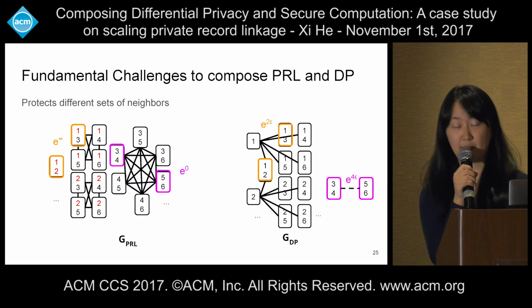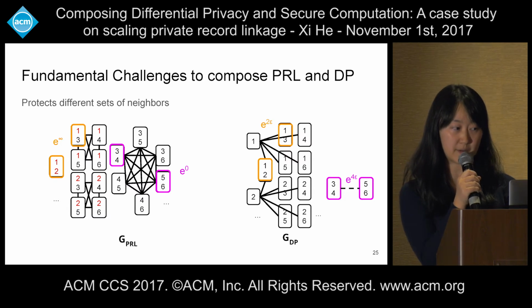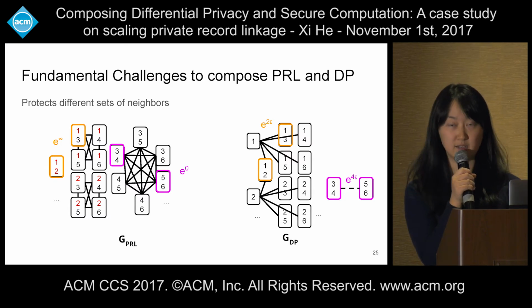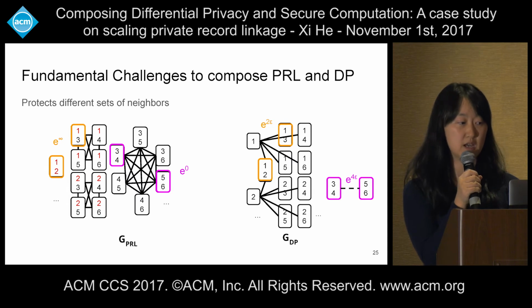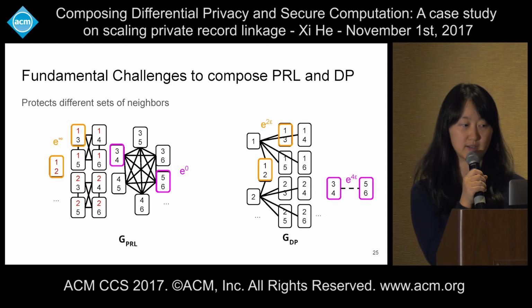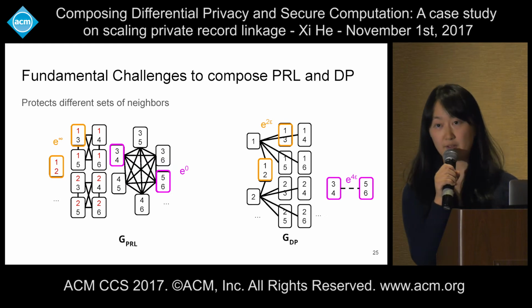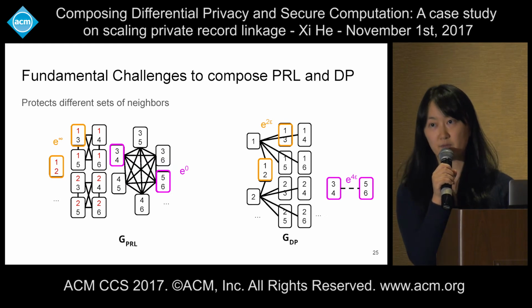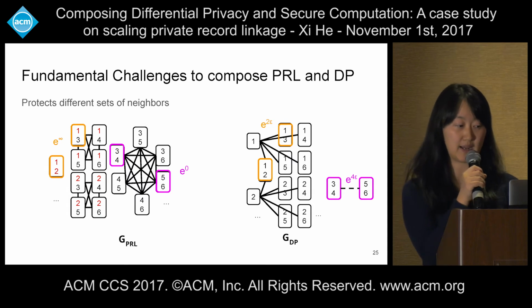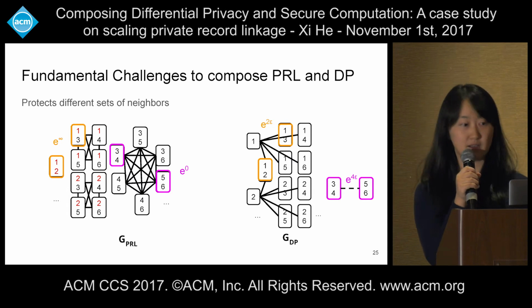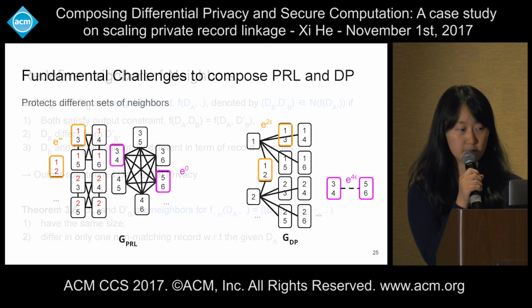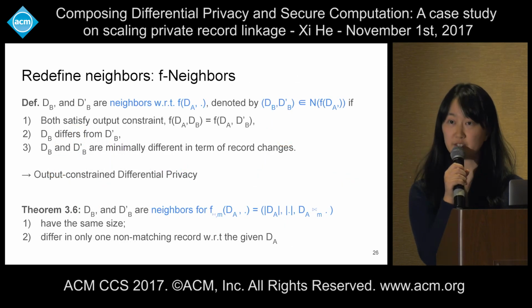And taking the same pair of databases, they have different distance and different probability ratio, and similarly for 3, 4, 5, 6, right? In differential privacy, their distance should be 4, but in PRL, their distance is just 1. So how to bridge this gap?